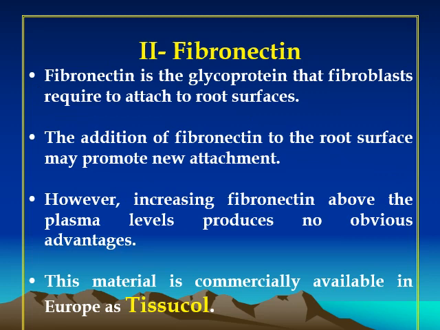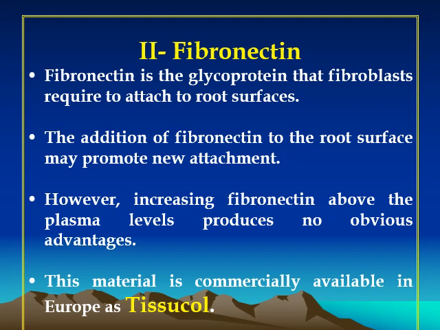Fibronectin is the glycoprotein that fibroblasts require to attach to root surfaces. The addition of fibronectin to the root surface may promote new attachment. However, increasing fibronectin above the plasma levels produces no obvious advantages.